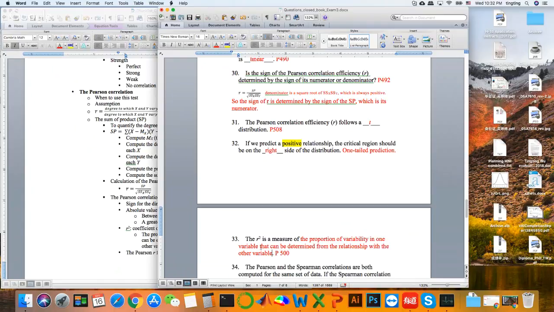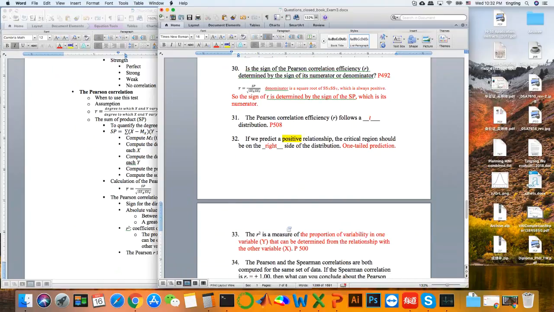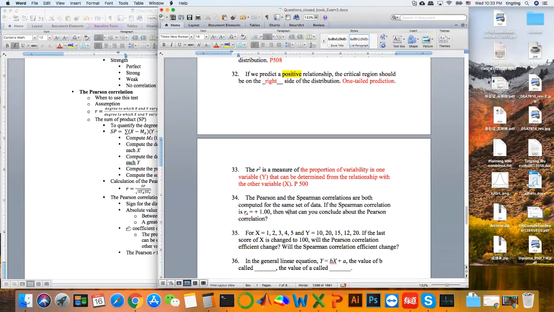So the proportion of one variable, we call it y, that can be determined by the other variable, for example, x, right? Because it's a proportion, its value will never be negative, and it is from 0 to 1, 0% to 100%.